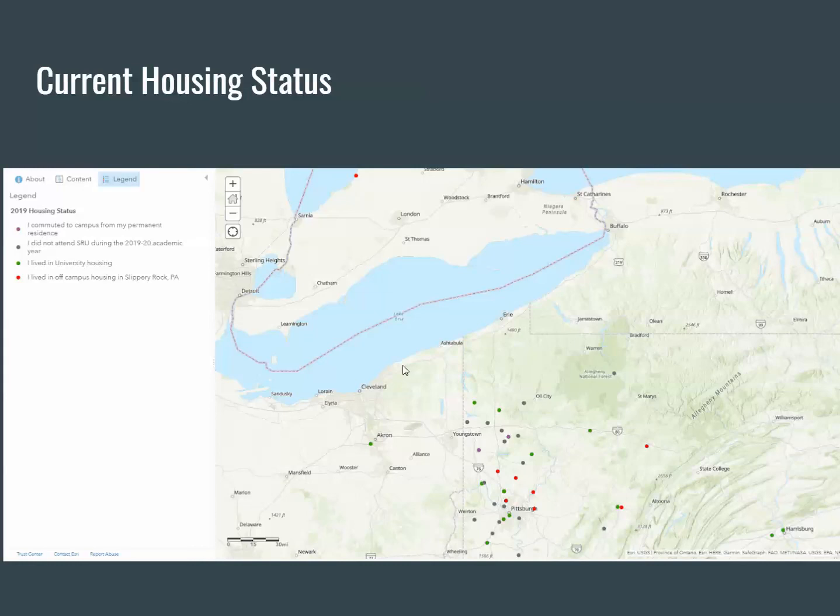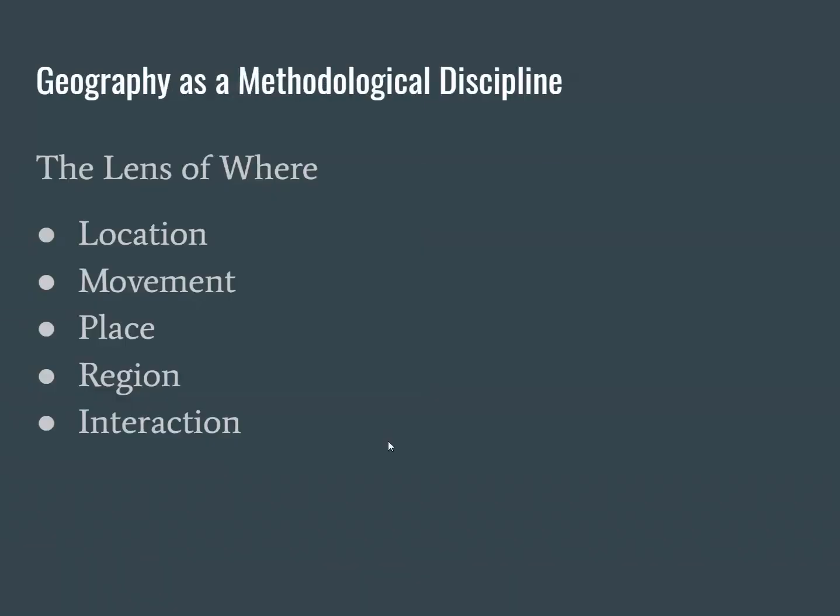What's interesting is that if we look at the people that commuted versus those that didn't, this distribution changed over time. And that's an important idea. Did the commuting population change over time? Did it expand or contract due to the pandemic? All right, so that's one way of thinking about geography as a spatial science, understanding the wheres of things and the whys of those wheres.